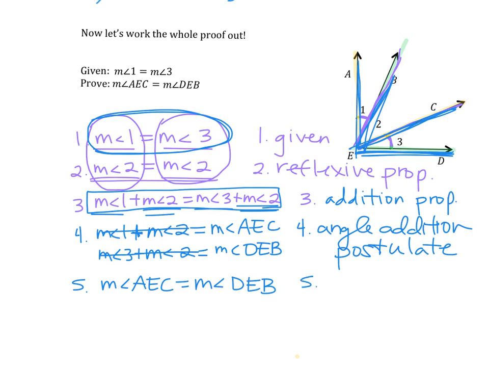And you have two options here, technically. Which property would that be? Transitive, or what's the other one you could use here? Substitution, right? So I don't care which one you give me, transitive or substitution. They would both work there. But you're taking out the two that we know are already equal, and we're setting it equal to what's left.